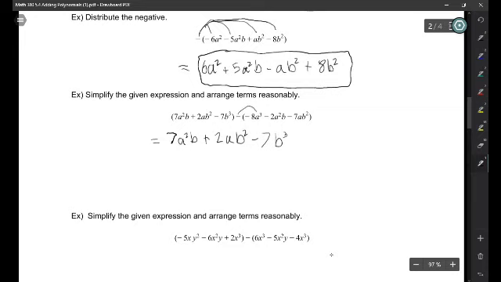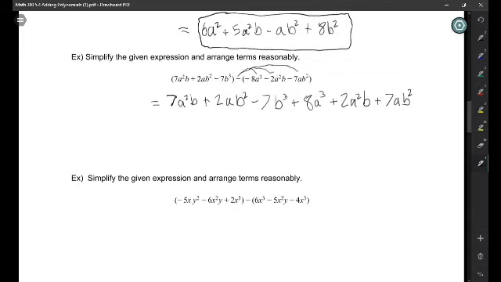So the negative distributes to each term inside the parentheses, and we get negative of negative 8a cubed is plus 8a cubed, and then plus 2a squared b, and then plus 7ab squared.